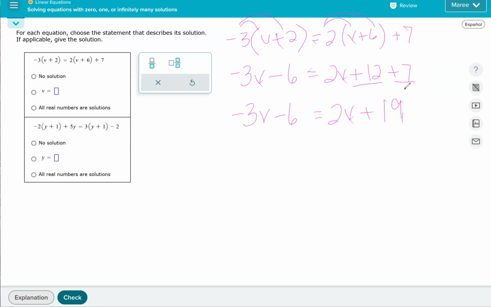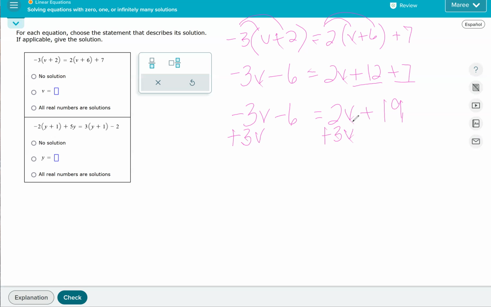I look for the side that has the variable with the greatest coefficient. That's the number in front of the variable. The 2 is bigger than -3. So I need to get that -3v off of the left side by adding the entire term. In order to move terms with variables, you have to add or subtract the entire term. So I'm going to add 3v to this side.